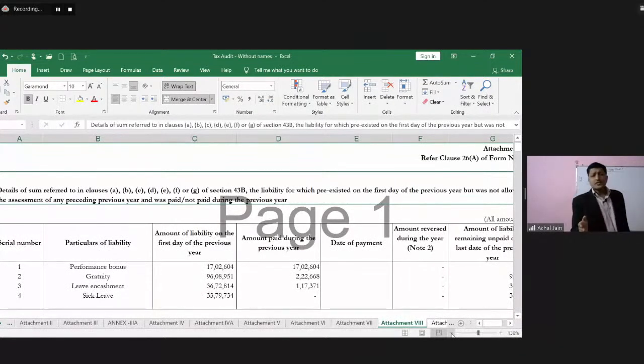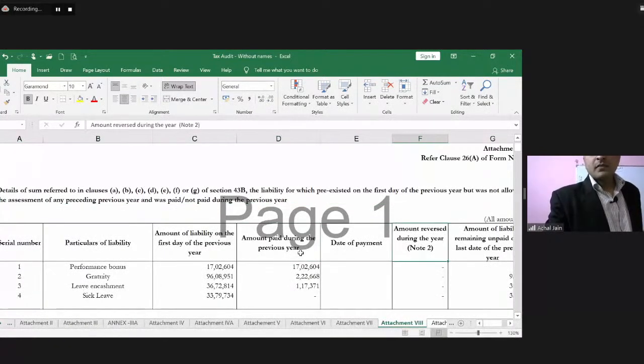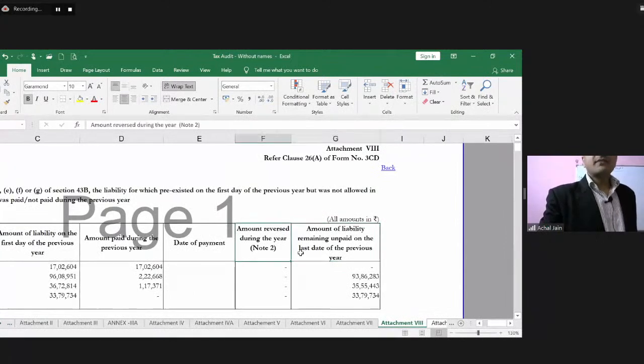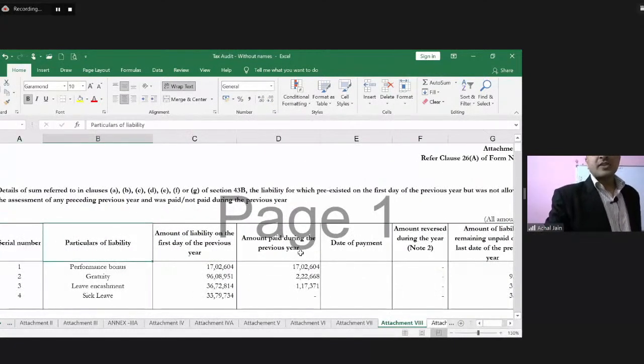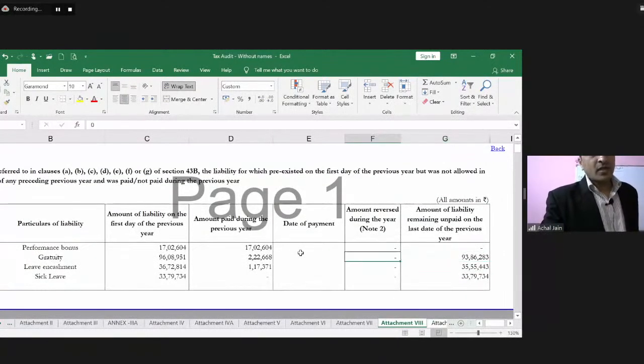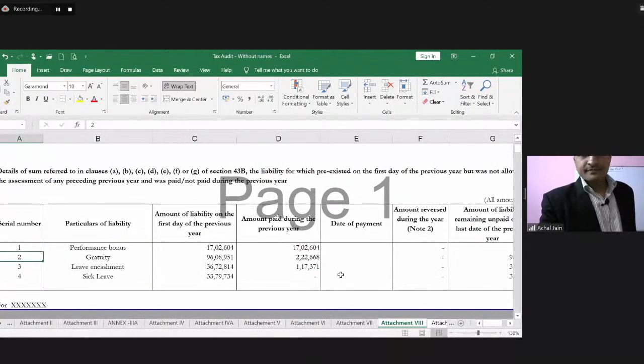And after this, if this is paid, its amount will come, date of payment will come, amount which is reversed, if any, and amount of liability which still remains outstanding, that will come, means the outstanding balance. Okay, that is how it will be captured.